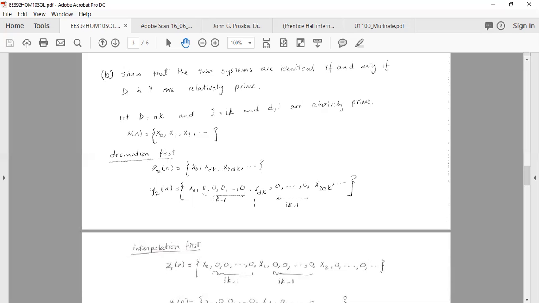If I perform the decimation first, then x of d times k gives the values. If we decimate this, we get x naught, then x of dk, then x of 2dk, and so forth.